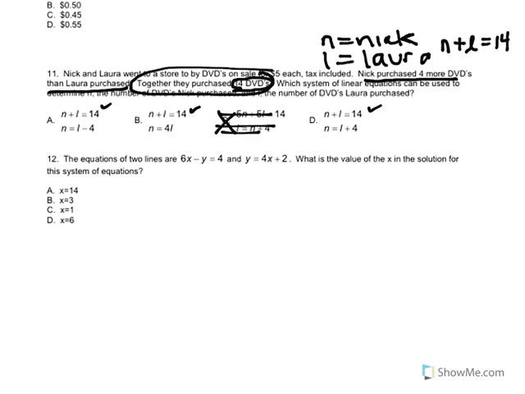I think it's always easier to write, here's L for Laura, here's N for Nick. It says Nick purchased 4 more DVDs than Laura purchased. So if Laura purchased, let's say 5 DVDs, then Nick purchased how many? If he got 4 more, then he got 9.